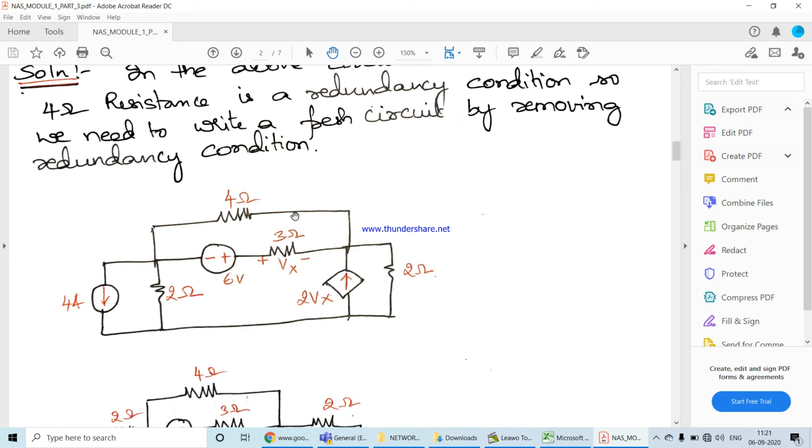Now in this problem we have 4 amps in parallel with 2 ohms, and then we have 2Vx, a dependent current source, in parallel with 2 ohms. If we convert these two from parallel to series, the circuit becomes quite simpler. That would be the first step we apply.